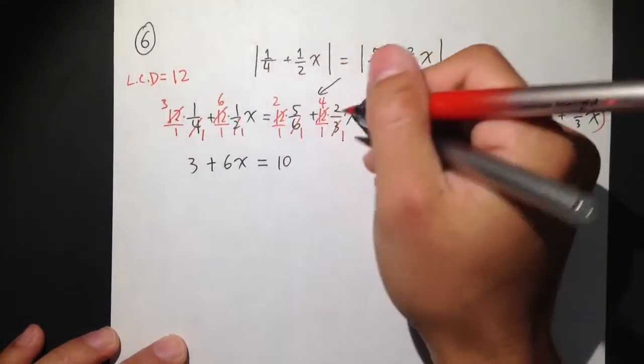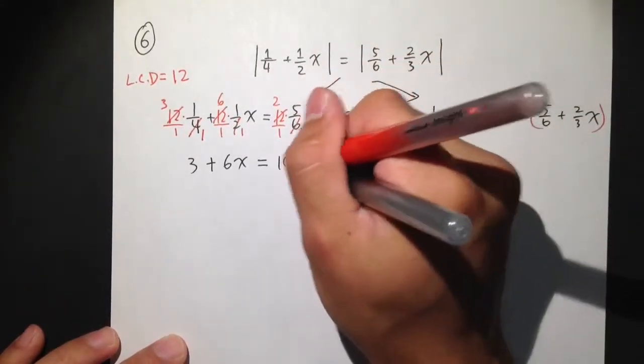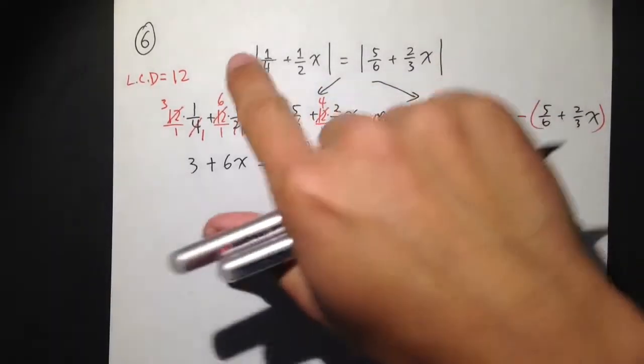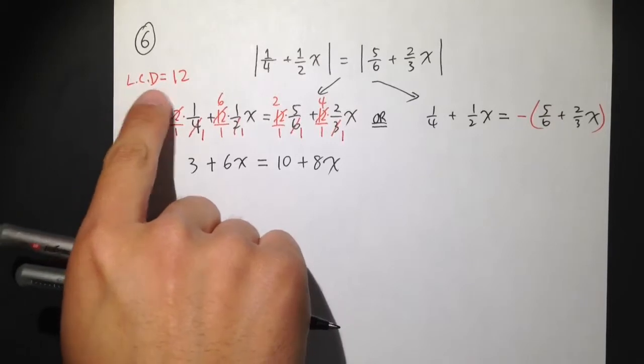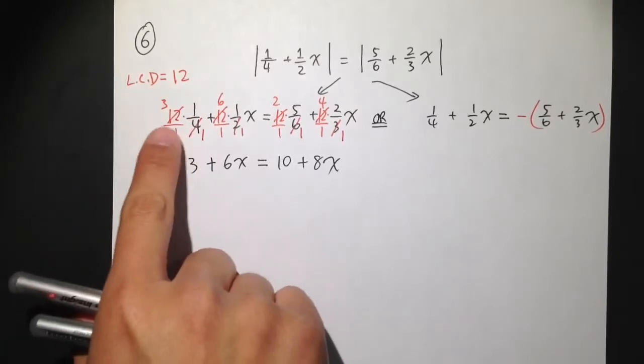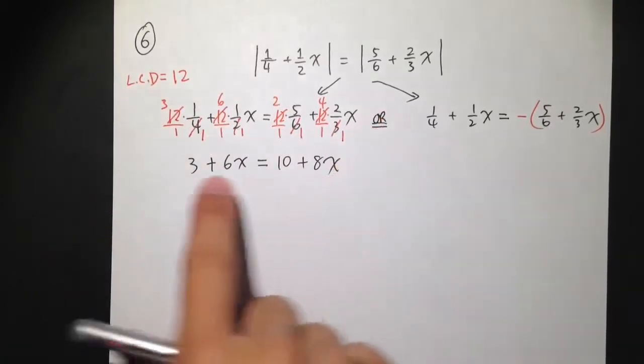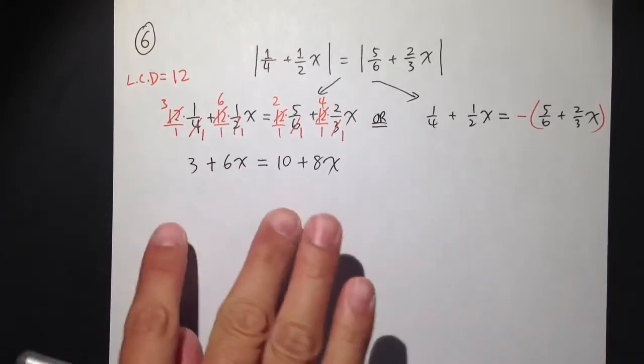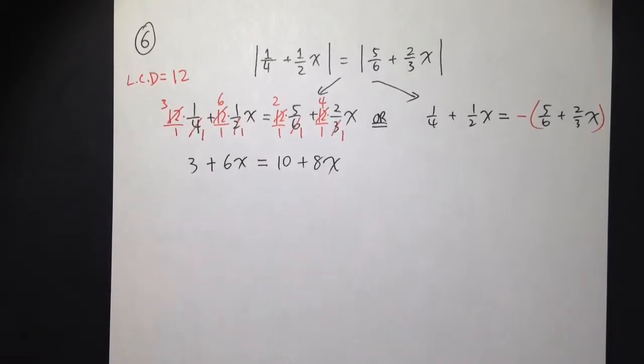So 4 times 2 is 8, 8x. So plus 8x. If you found the correct common denominator, then you will see that the equation becomes an equation that has no fractions, okay, which is much happier.